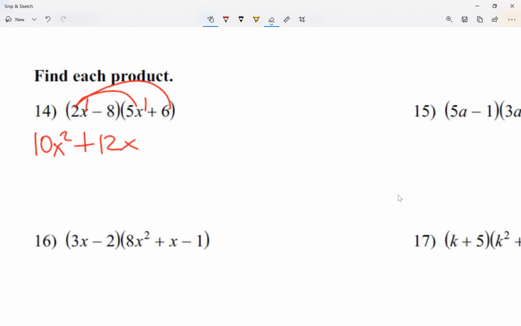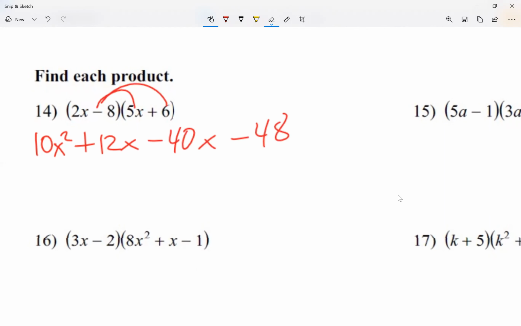Now, let me distribute the negative 8. Negative 8 times 5x is going to give me negative 40x. And negative 8 times 6 is going to give me negative 48. So first I distribute the 2x, then I distribute the negative 8, and now I'm going to combine like terms.